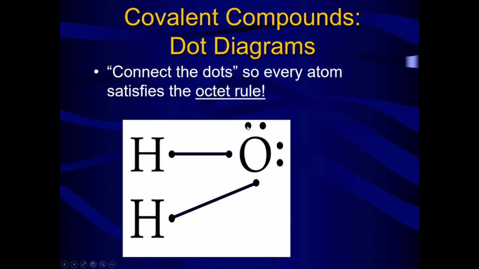And this oxygen now has 1, 2, 3, 4, 5, 6, 7, 8 electrons that it has access to. So now it's pretty happy. It's satisfied the octet rule. Remember that the lines are 2 shared electrons and both elements have access to both electrons in a line. So hydrogen has access to both of these, but so does oxygen.